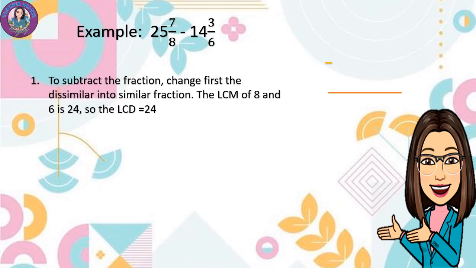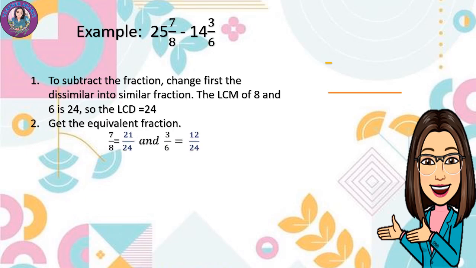To subtract the fractions, first change the dissimilar fractions into similar fractions. You have 7/8 and 3/6. They have different denominators, so they are dissimilar. Now let us change them into similar fractions. The LCM of 8 and 6 is 24, so the LCD is 24.